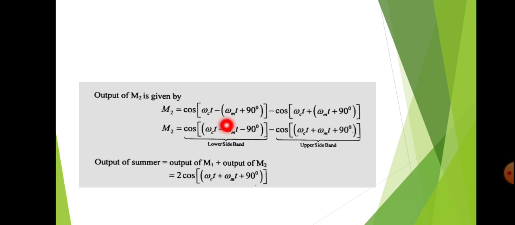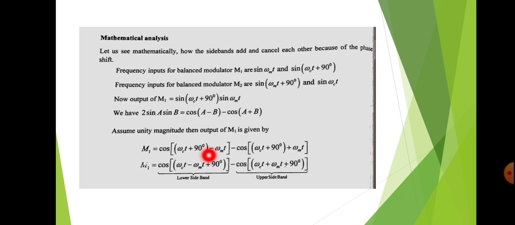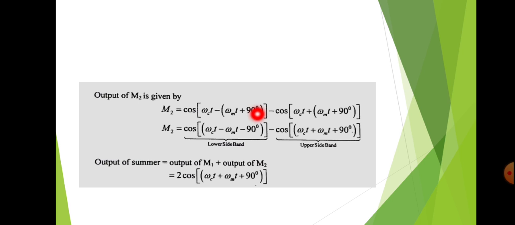That means here the frequencies are subtracted, so it represents a lower sideband, and here the frequencies are added, so it represents the upper sideband. You can see that the lower sideband is minus 90 degree phase shifted. The upper sideband is plus 90 degree phase shifted. So when we are comparing the output of M1 and M2, you can see that these lower sidebands have a 180 degree phase shift, because one phase is plus 90 degree and the other is minus 90 degree.